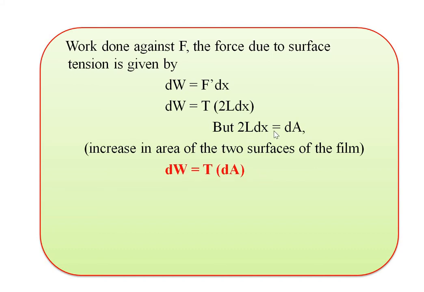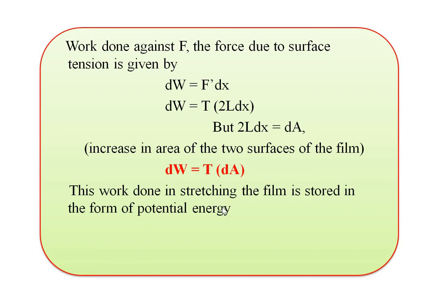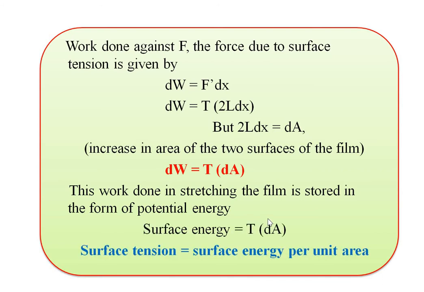Putting this value in the equation, we get dW equals T times dA. This work done in stretching the film is stored in the form of potential energy. This is nothing but the surface energy.